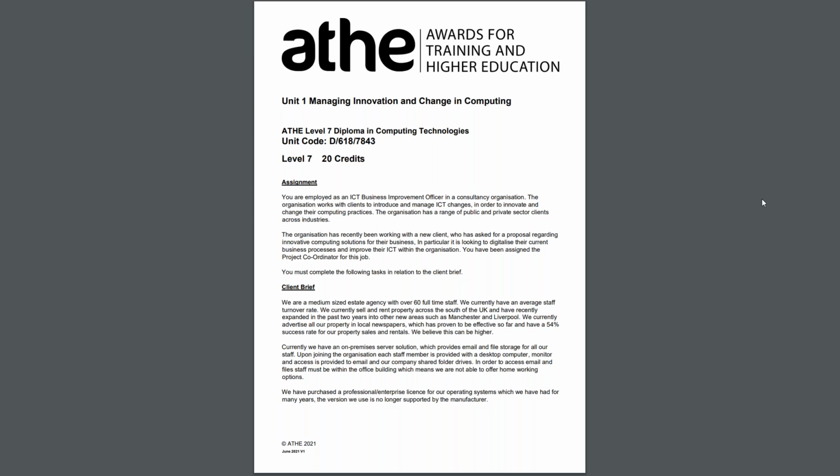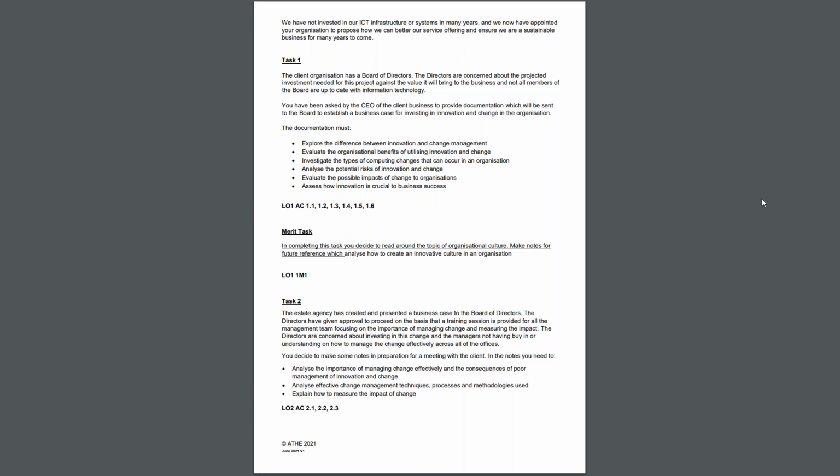We have purchased a professional enterprise license for our operating system, which we have had for many years. The version we use is no longer supported by the manufacturer. So we have not invested in our ICT infrastructure or systems in many years. We have now appointed the organization to propose how we can better our service offering and ensure we are a suitable business for many years to come.